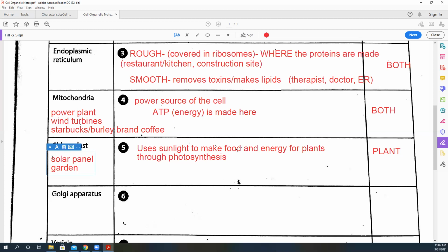So again, you guys can kind of take it in whatever context makes it make sense, as long as you explain why. They both use sunlight to make energy. Okay, cool. A greenhouse. All of those would work.